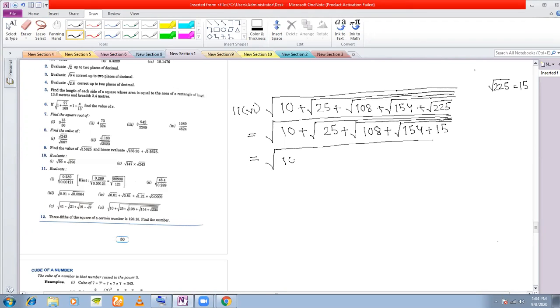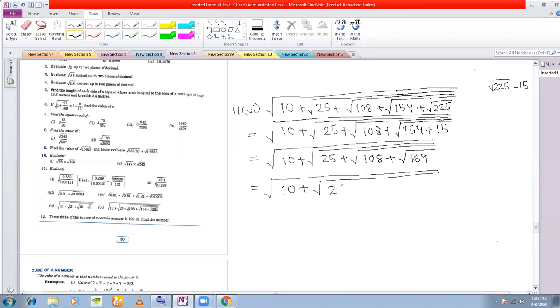We write all this as it is: 10 plus 25 plus 108 plus, now square root 154 plus 15 is 169, right? So this becomes square root of 10 plus square root of 25 plus square root of 108 plus square root of 169, and square root 169 you know is 13.